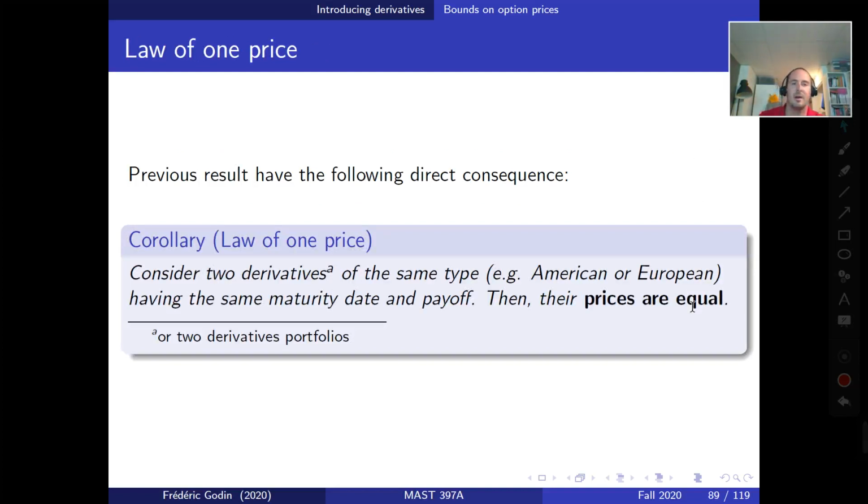First one is, if two options, for example, have the same payoff but a different price, then you can set up an arbitrage strategy by buying the cheap one, selling the expensive one, and then both options' payoffs would cancel out at the future date, and you would reap as profit the future value of the price differential associated with the two options. The other way to prove that is very simple. It's from combining previous results.